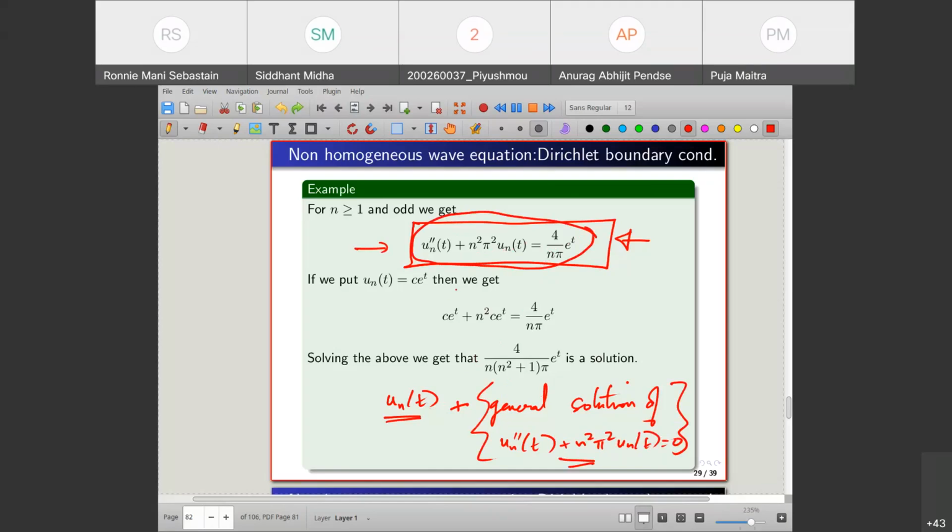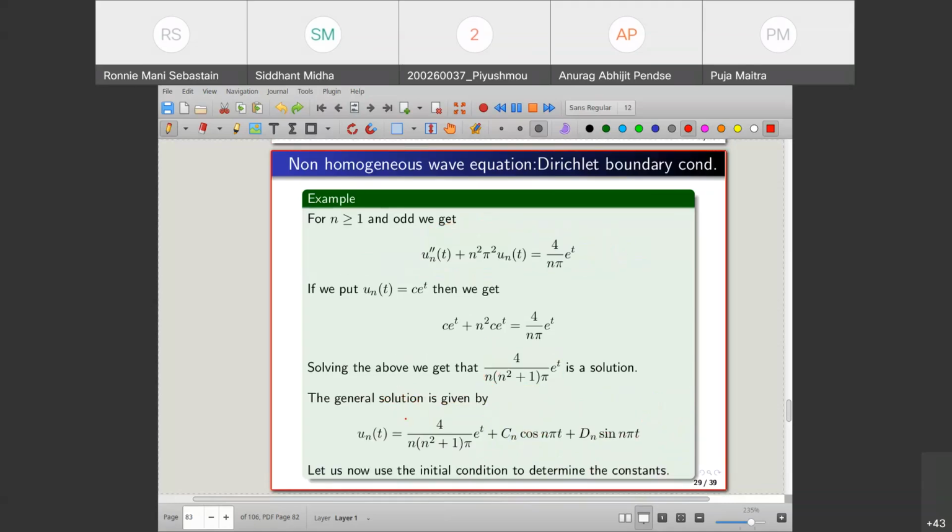So we have found one particular solution of this differential equation, and any other solution of this differential equation looks like this: we take this particular solution and add the general solution of this equation equal to 0.